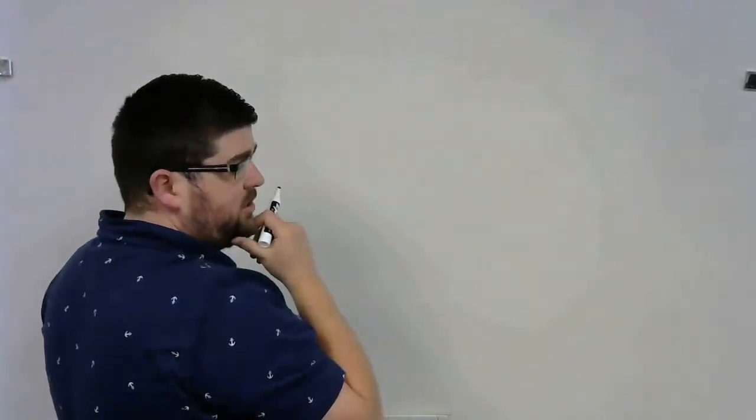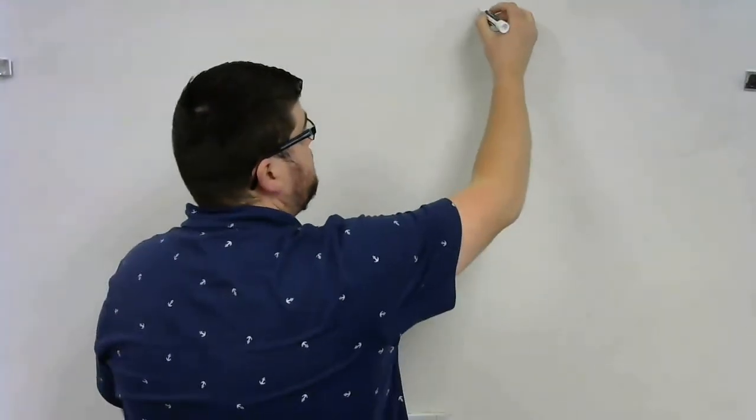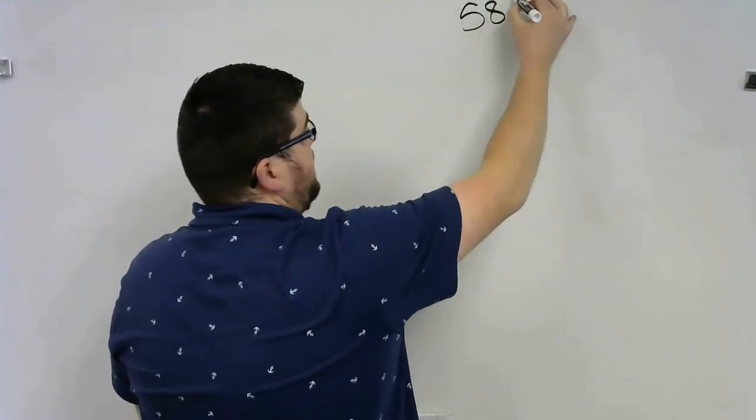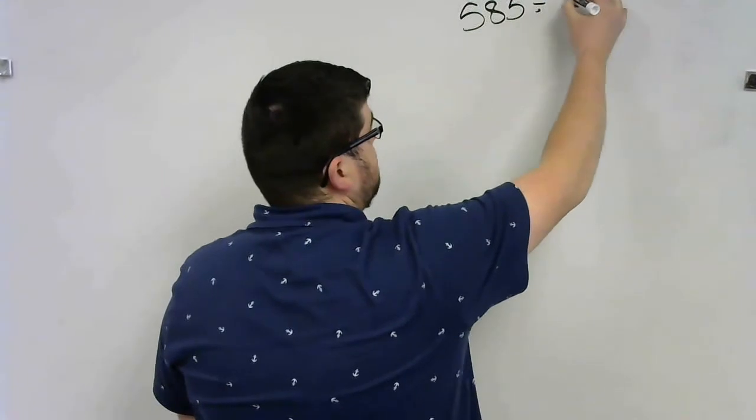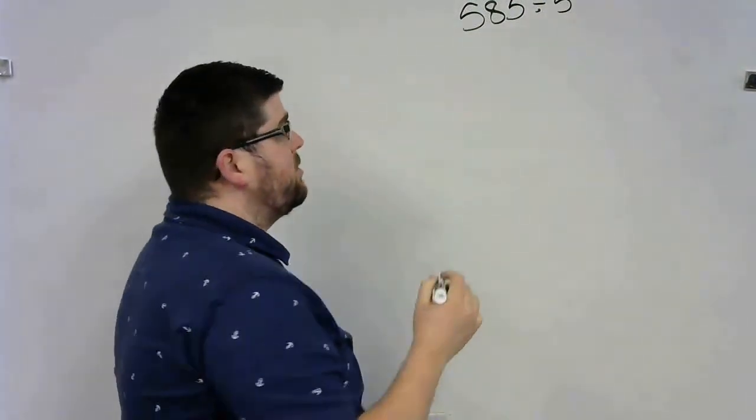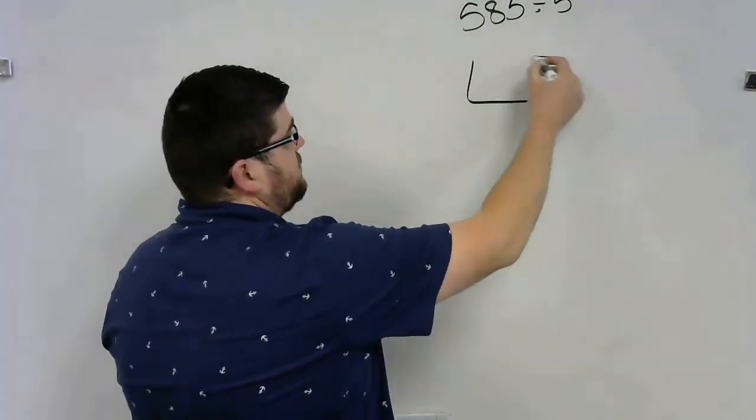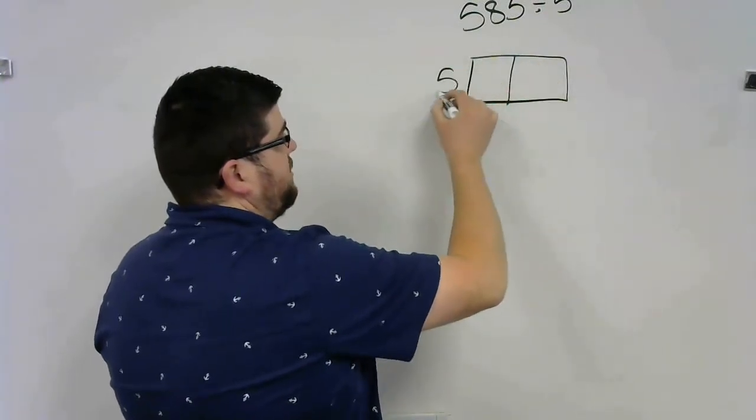All right, I didn't have another one written down. Let's do 585 divided by 5. So I'm going to start with just 2 boxes. I'm going to put my 5 out here to the side.